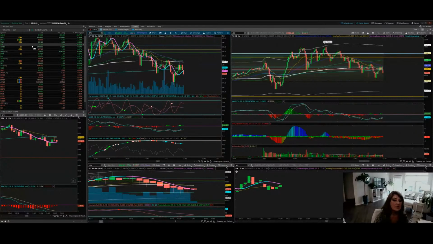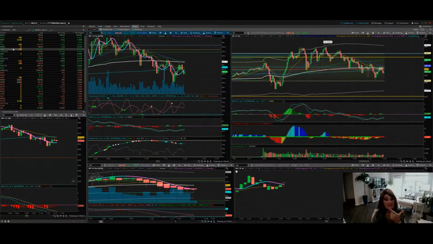So back to the leadership. Let's look and see what we've got. So the things I look at for leadership are the other indices, the Magnificent Seven stocks. So those are the top 7 or 8 stocks that make up most of the NASDAQ and a big chunk of the S&P 500.